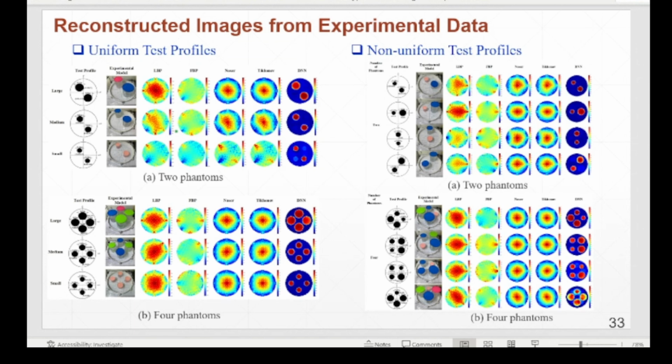So we want to test the bottom line of whether the deep learning functions. So we split into two different profiles. For the uniform, we have all the same sizes of subjects inside one column, and the non-uniform has several, like 2 to 3 subjects with different sizes in the column, just to give us a better picture of whether the deep learning functions. I hope I answered the question.